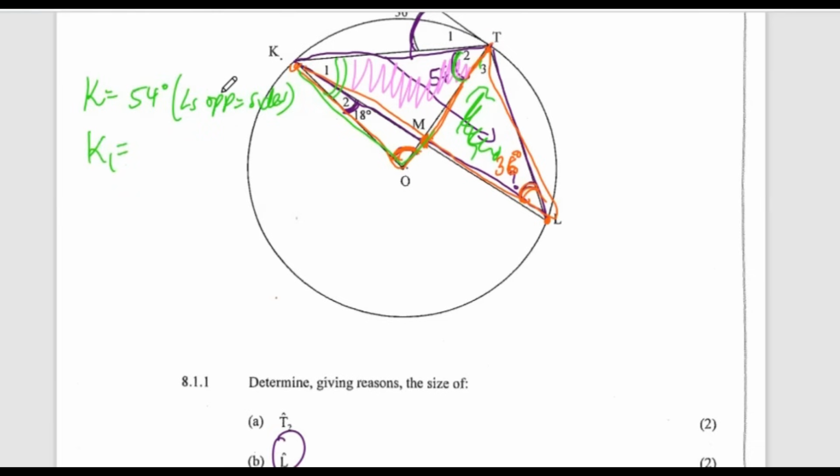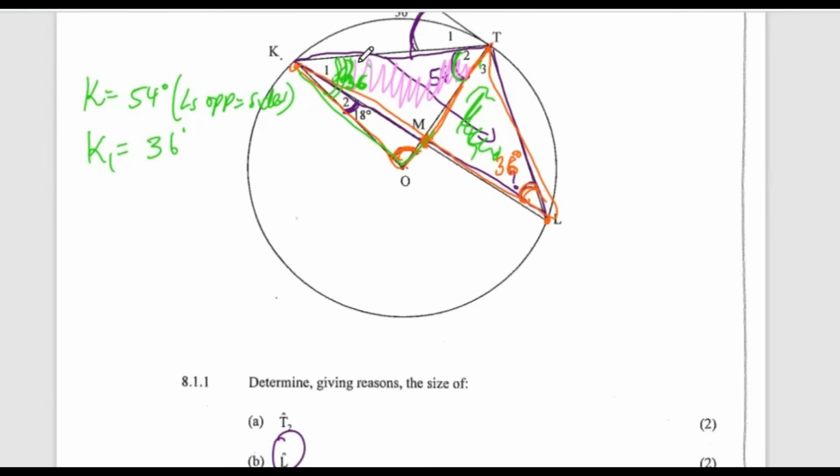That is 54 minus 18, that's going to give me 36. So K1 is 36.